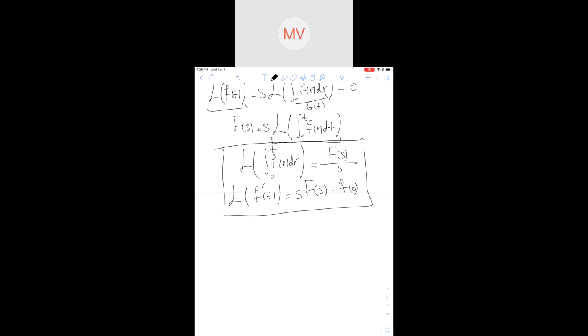Let's see if we can find a non-trivial function. Let's see. Laplace of, so I want to go to an integration.